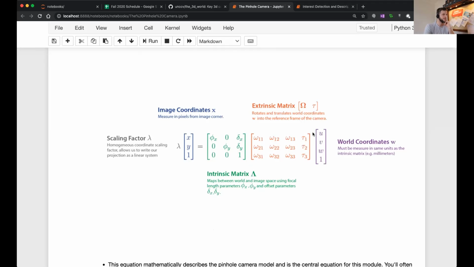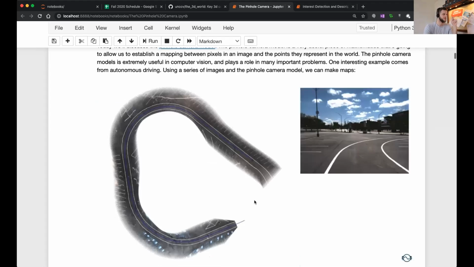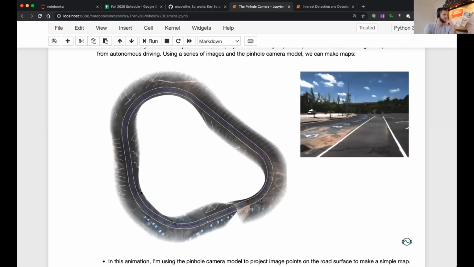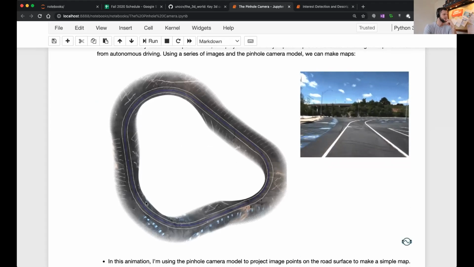What we have here is some world coordinates in homogeneous coordinates. This is the extrinsics. If I was trying to do this map in reverse and I asked, where will this point on the map show up in the image if the camera is here?